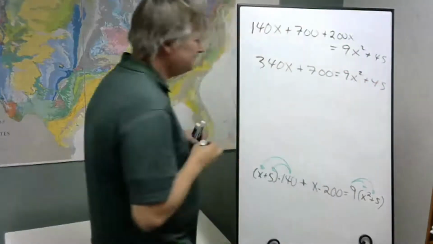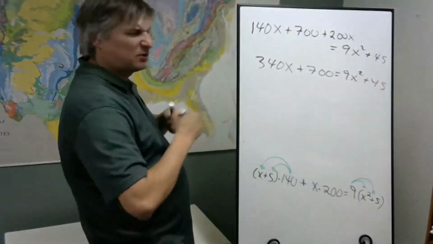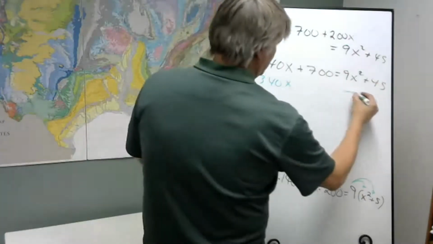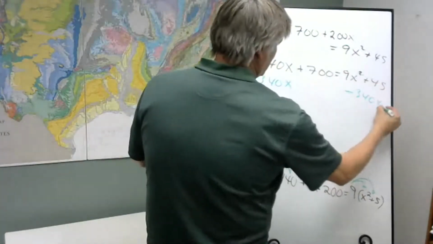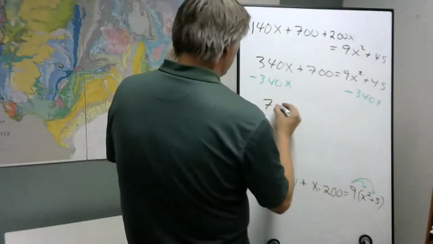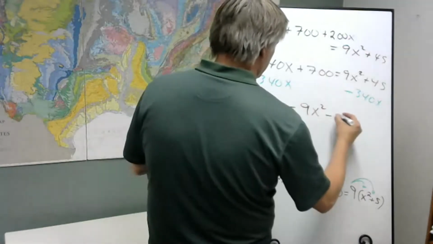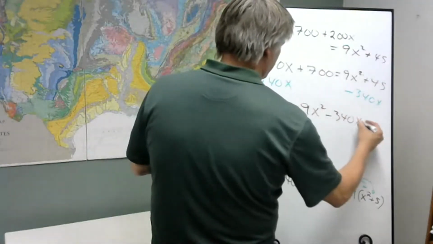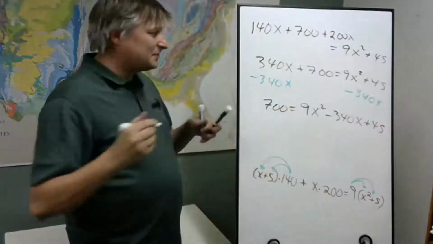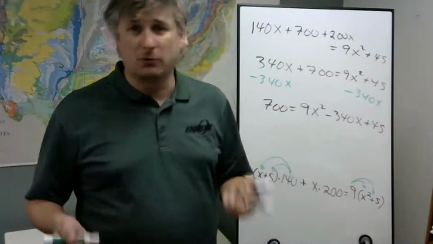And if we subtract, say, 340x. The last thing to do, I'm going to put this so it's equal to 0. Then I'm going to use the quadratic formula on it.